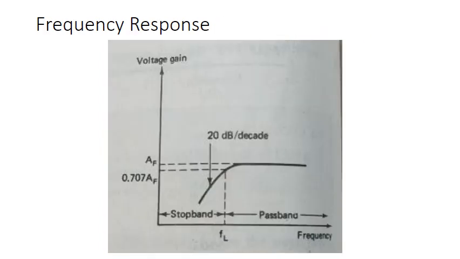Moving on to the frequency response. Since this is a high pass filter, it will pass the high frequency signal and the low frequency signals are blocked or attenuated. Any frequency below FL, which is the low cutoff frequency, is blocked, and that forms the stop band.